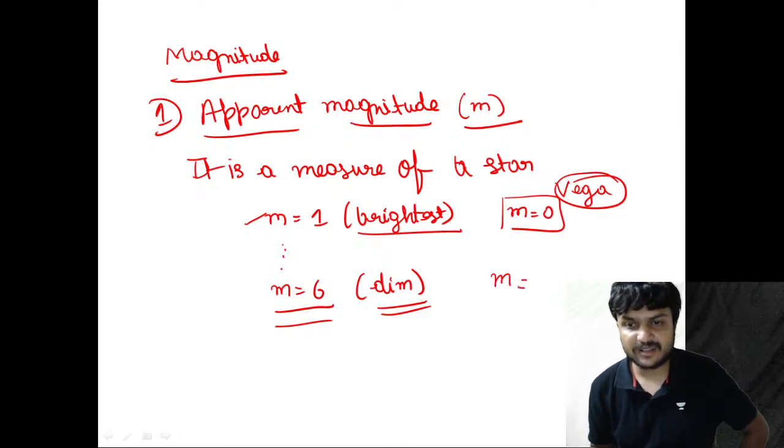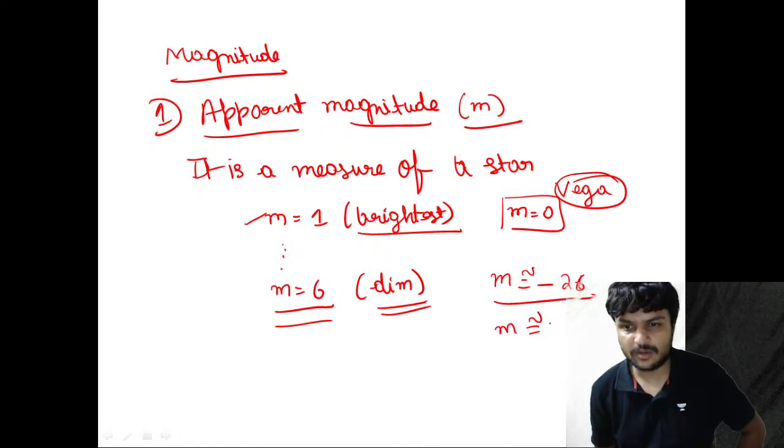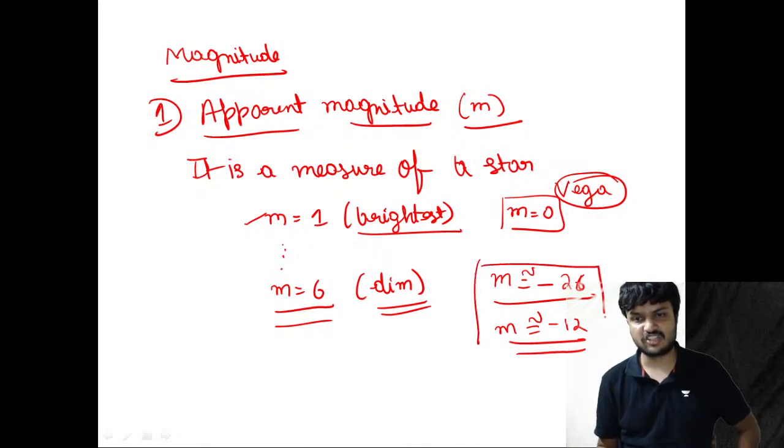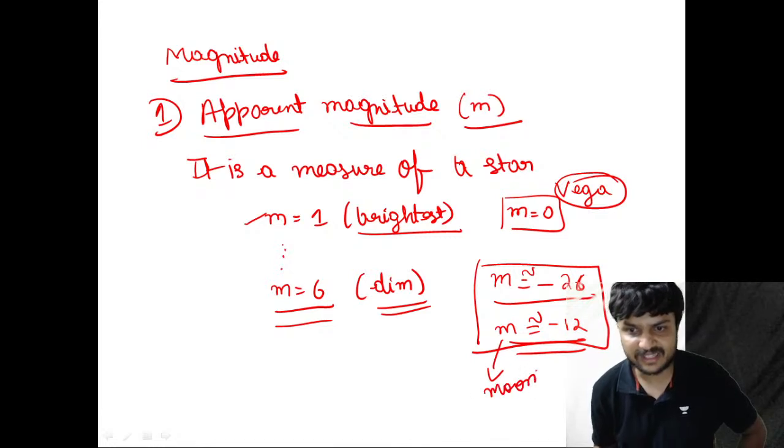So what they did, they went for a negative scale. I'm writing a magnitude of approximately minus 26 for the sun, and for the moon around minus 12. So these are the ranges at which the moon and sun were understood.